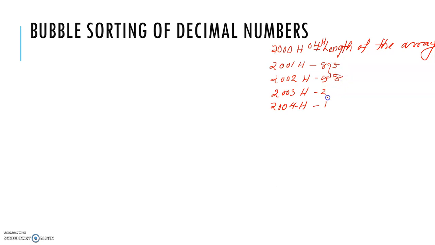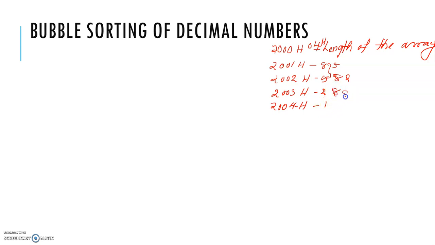And again check the next two numbers, that is 8 and 2. When we check 8 and 2, 8 is greater and 2 is smaller. So we again change the numbers, that is 2 in this location and 8 in location 2003. Then check the next two numbers, that is 8 and 1. So 8 is greater.